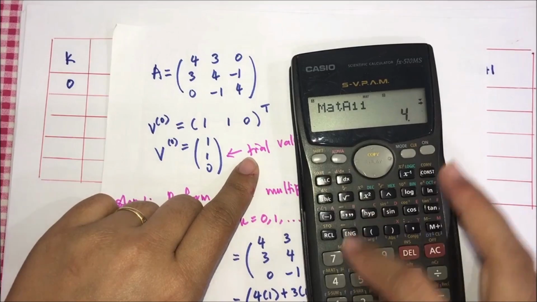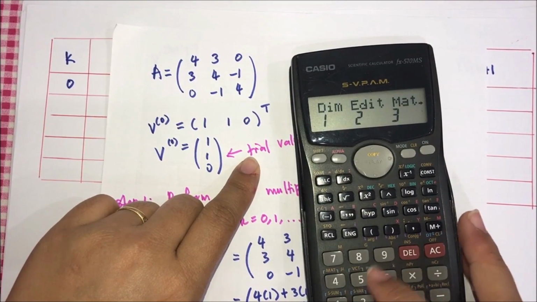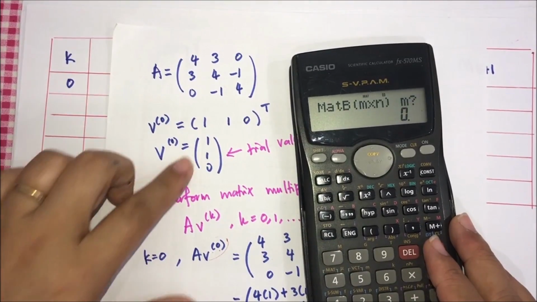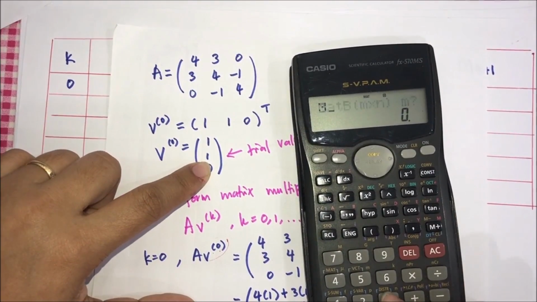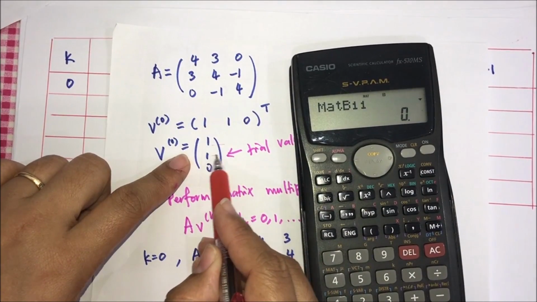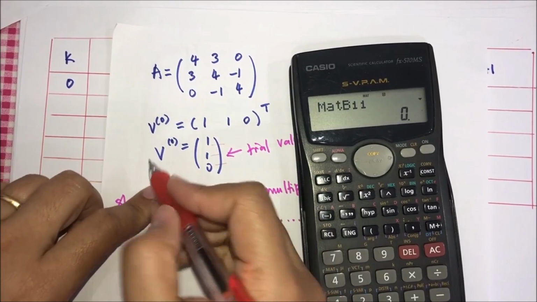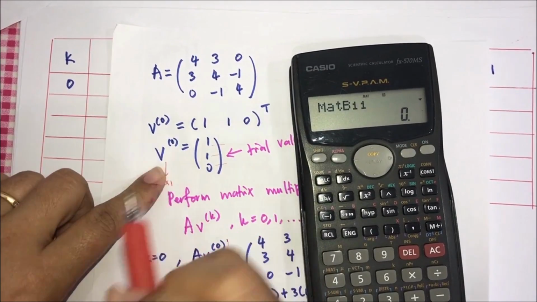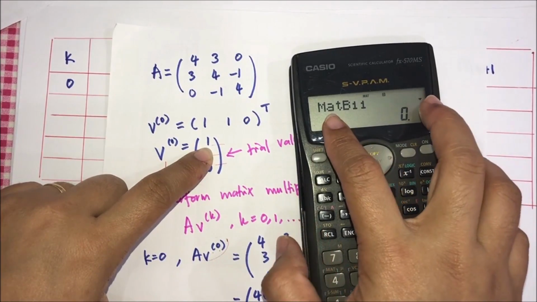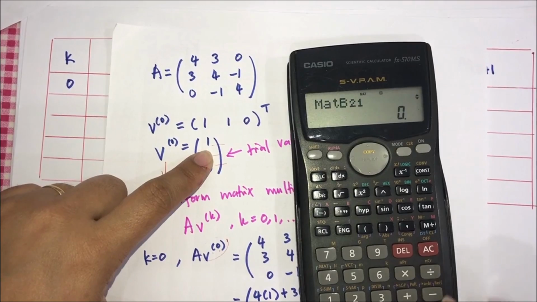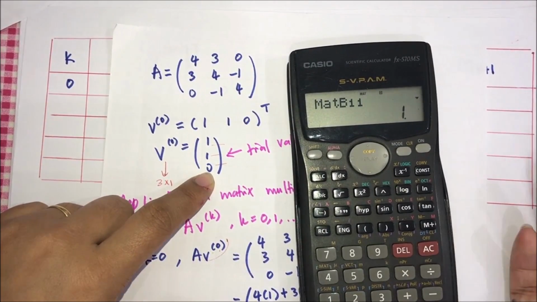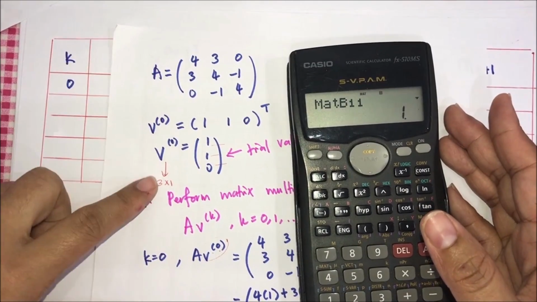I put this one as matrix B. Matrix B is 3 times 1, because it has 3 rows and 1 column. The values are 1 1 is 1, 2 1 is 1, 3 1 is 0. Now we already have matrix A and matrix B.